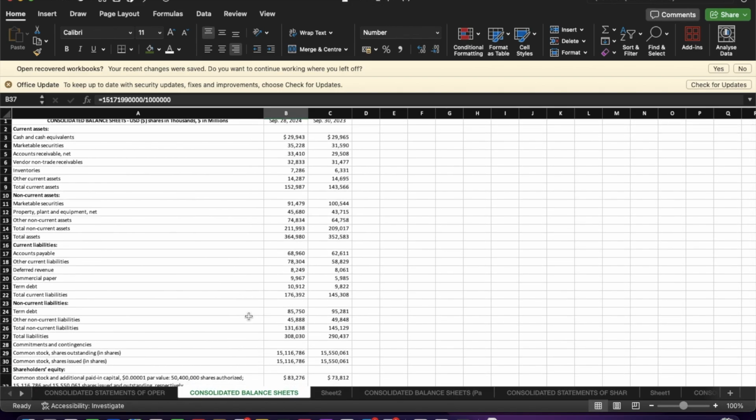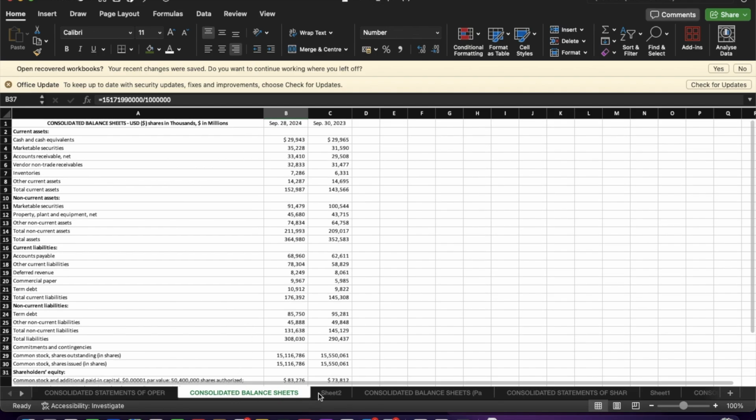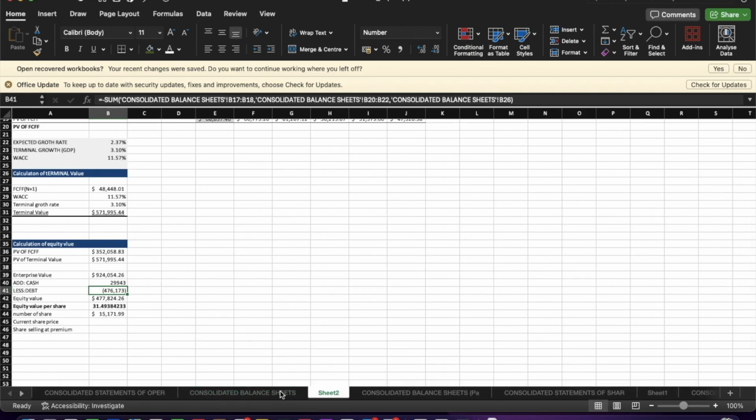So previously I've taken the total short-term debt, which I need to subtract. So let me do this formula again.